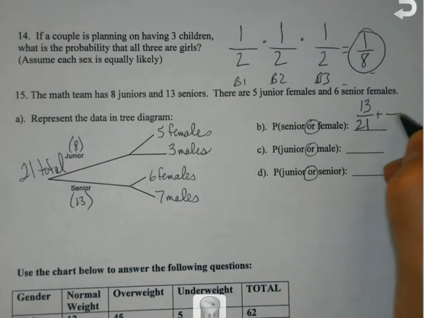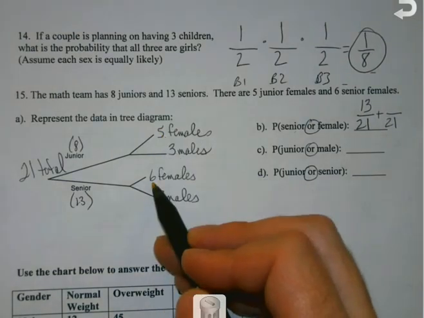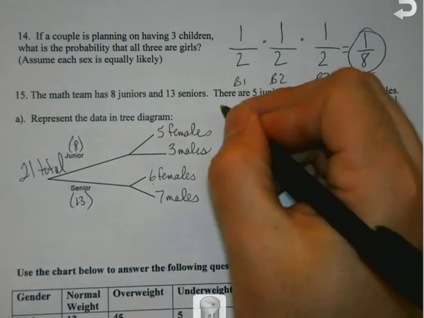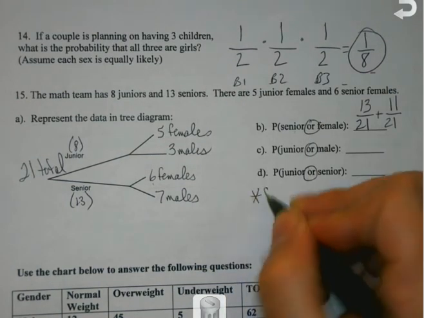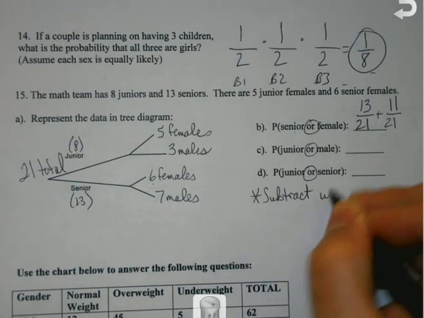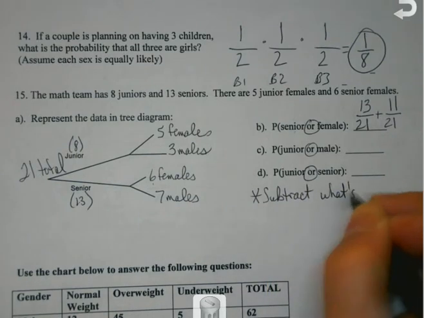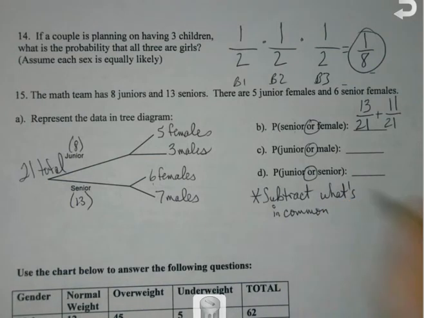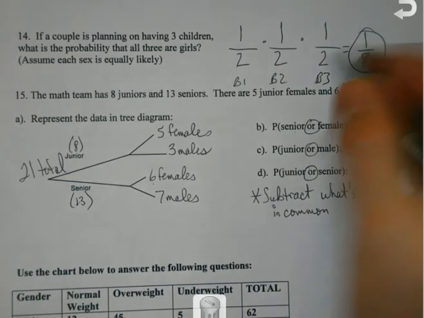Plus, how many females are there? There's 5 here and there's 6 here. So that's 11. But what we've got to remember here is that we're going to subtract what's in common, what repeats. So what would be a repeat here?